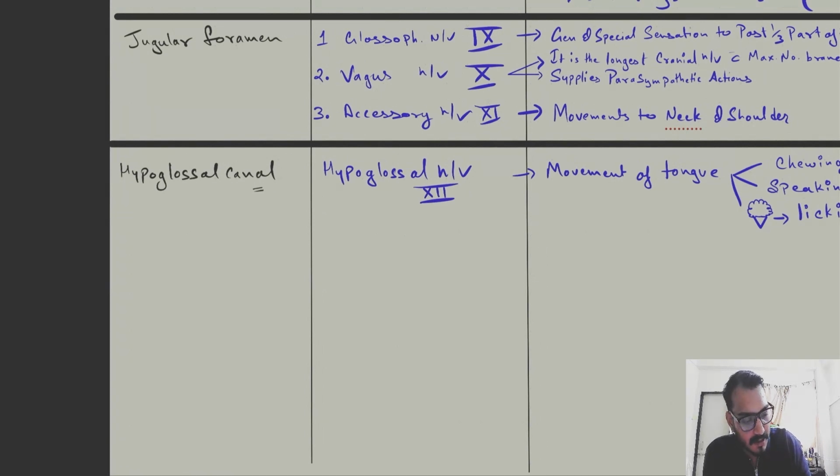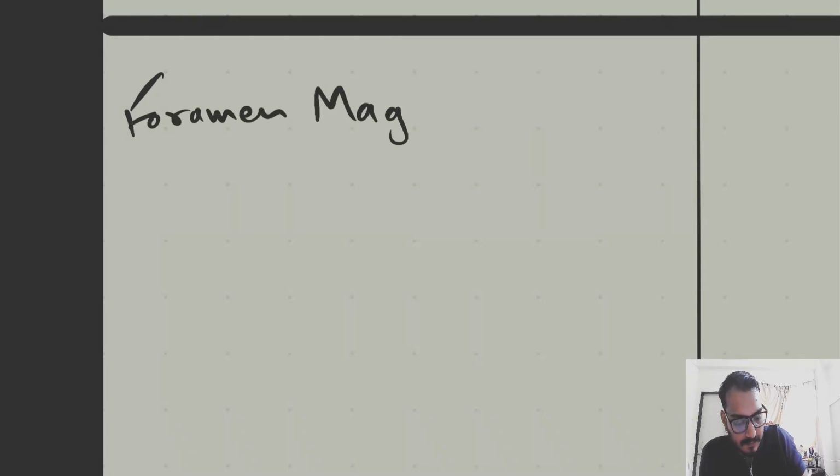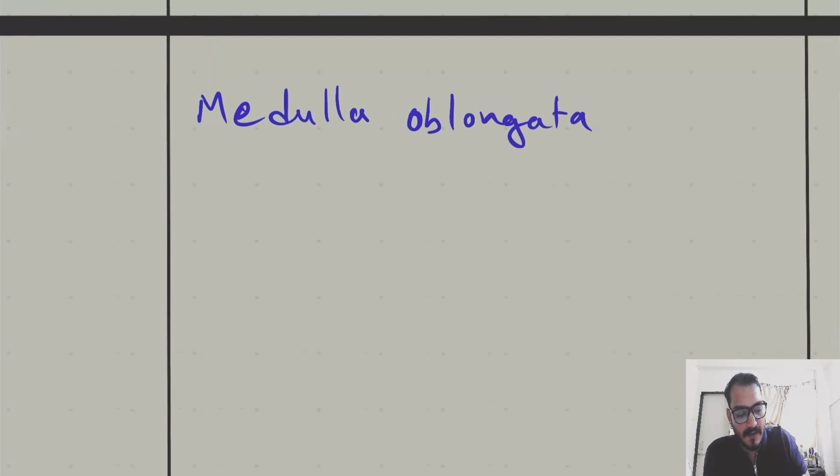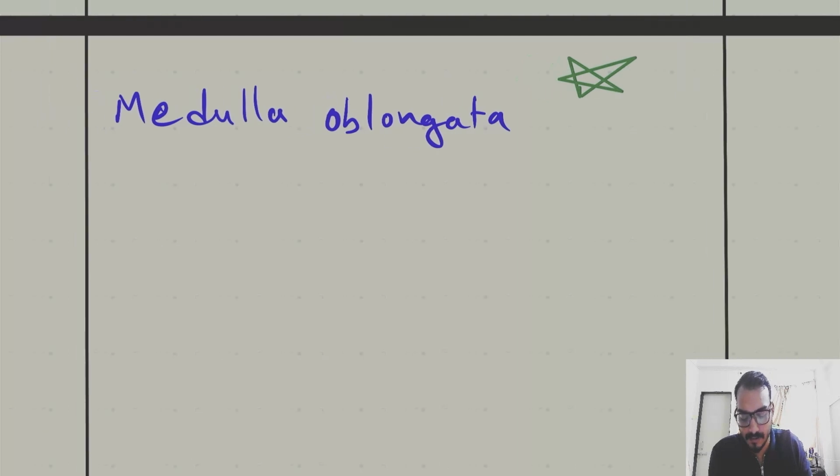Then we have the last foramen, and that foramen is known as foramen magnum. The structures which pass through the foramen magnum are the medulla oblongata. This is a very important structure, guys. Once we study the CNS, we will study this medulla oblongata again.